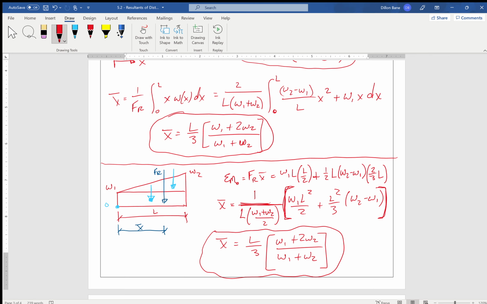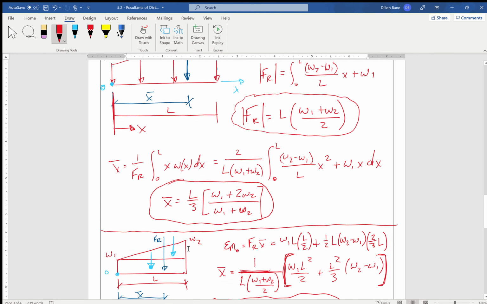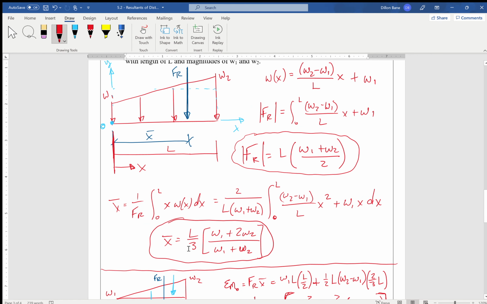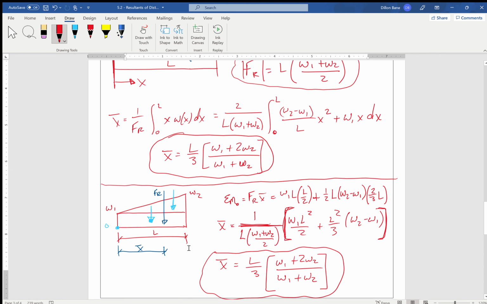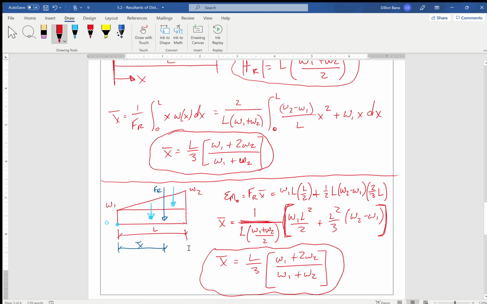You will find, though, in practice, when you're actually working with problems here in the next week or so, when we're looking at finding reactions for beams or anything, right? The easiest way to do this is probably to break this trapezoidal load into a rectangle load and a triangular load.